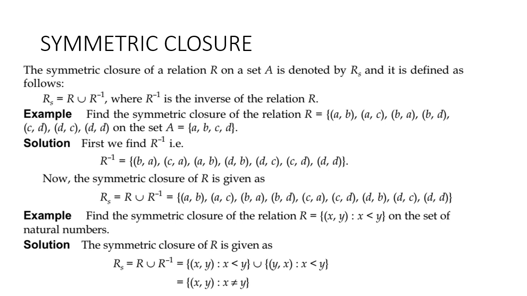Similarly, we have the symmetric closure. If you remember, symmetricity was if A related to B, it implies that B should also relate to A. And please remember one more thing, if R was a set of ordered pairs A comma B such that A belongs to A and B belongs to B and A is related to B, then we defined R inverse.